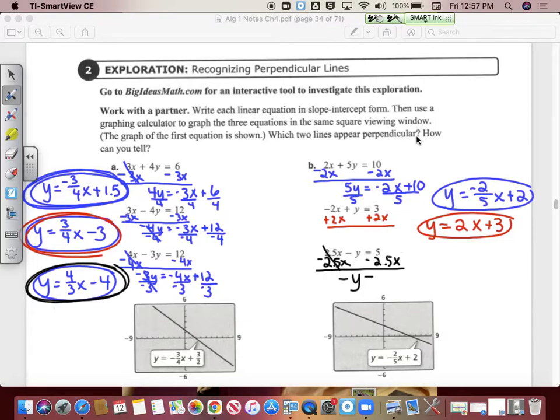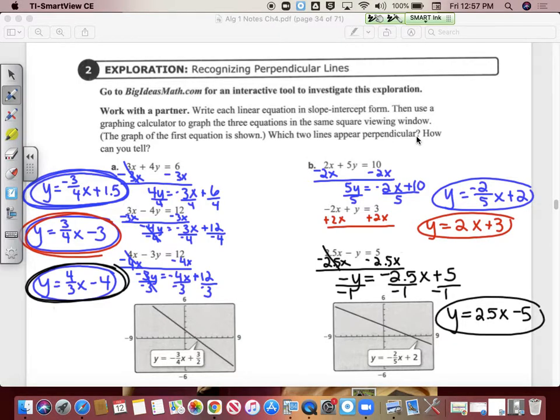Be careful, it's a negative y equals negative 2.5x plus 5. And to get rid of this negative, I have to divide everything by negative 1, which then will turn everything to be the opposite. This equation will end up being y equals positive 2.5x and then minus 5. It turned into a positive since a negative divided by a negative is a positive.